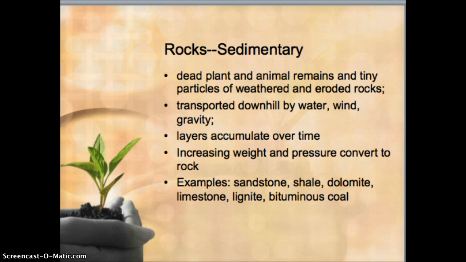Those layers then build up, accumulate over time, and because of the weight and pressure, because of water that might be covering them, over time that material solidifies. Examples are sandstone, shale, limestone, but that's also the same process that forms coal, the lignite, bituminous coal, etc. Those are definitely types of rocks that we have in western Pennsylvania.